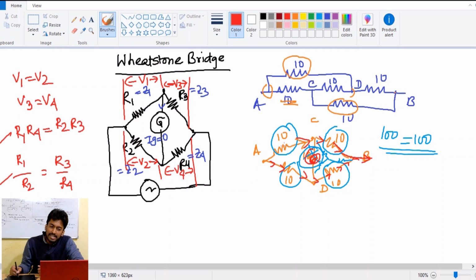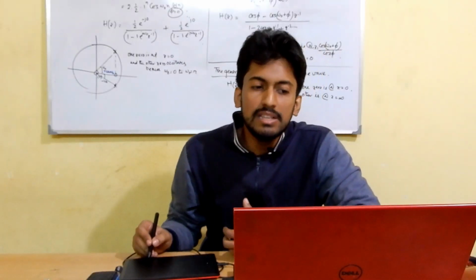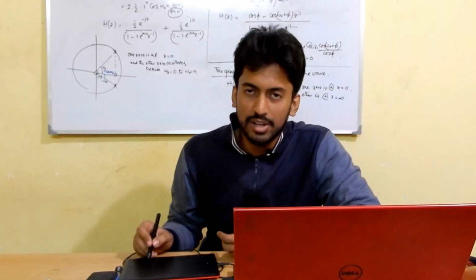So we can easily say the equivalent resistance of the upper path is 10 plus 10 in series, and 10 plus 10 for the lower series path, and in between them there is a parallel connection. What we get is 20 parallel 20, which is nothing but 10 ohms.